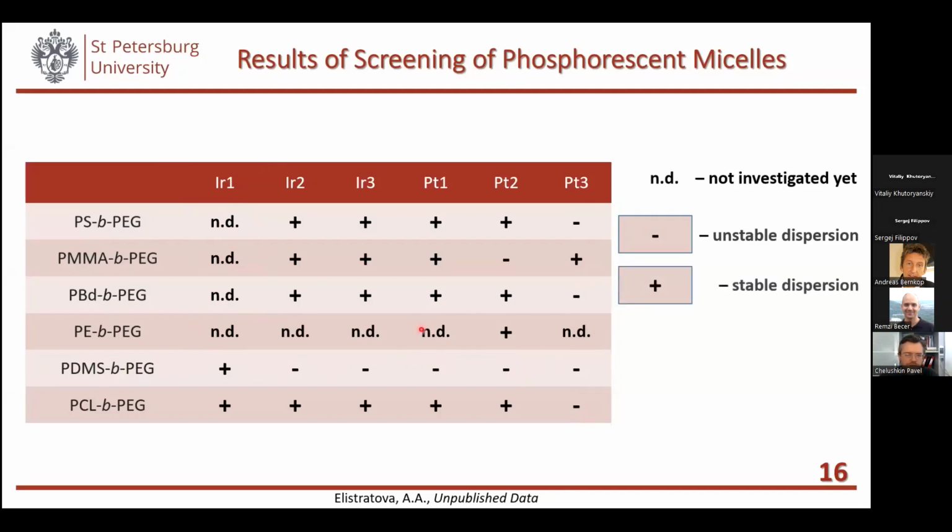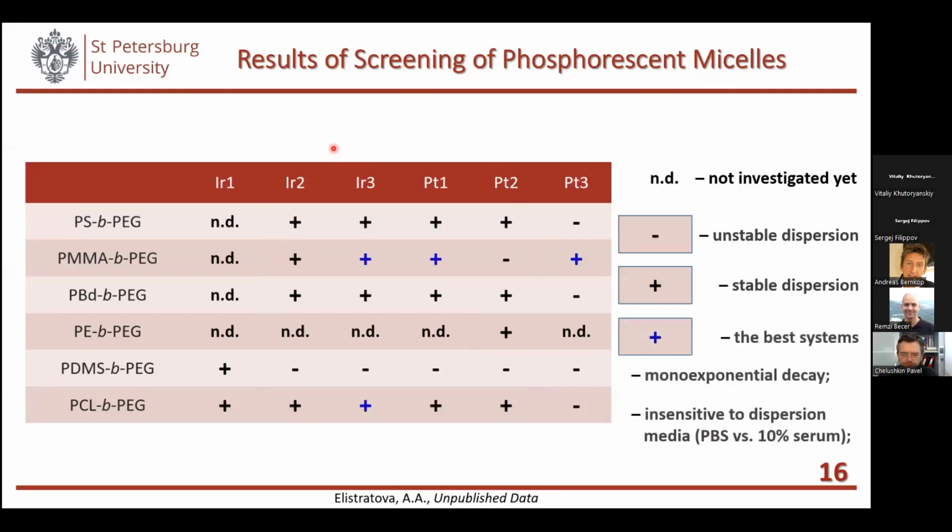But most of the phosphorescent micelles were pretty stable, and we then checked them for their photophysical properties. We were looking for as close as possible to mono-exponential decay and as low as possible sensitivity to dispersion media.